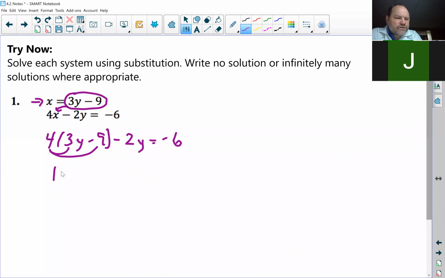So we get 12y minus 36 minus 2y equals negative 6. I would combine my like terms, the minus 2y and the 12y.